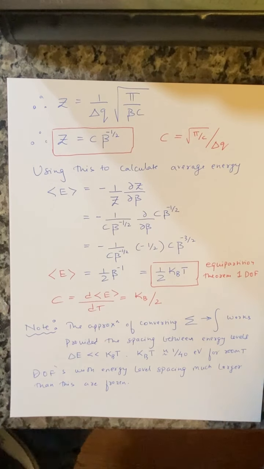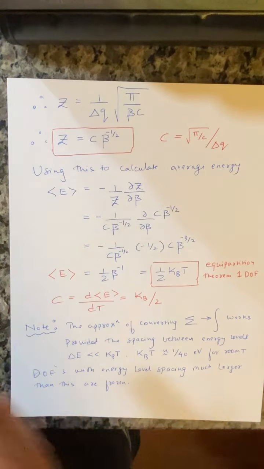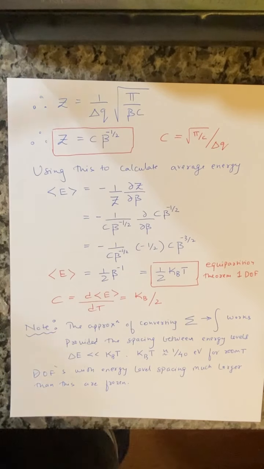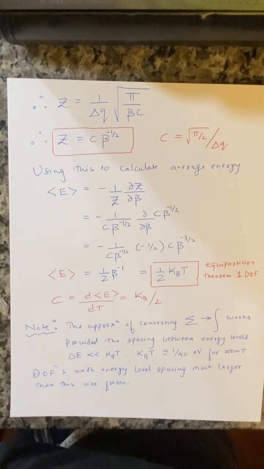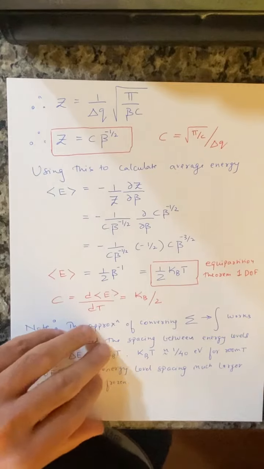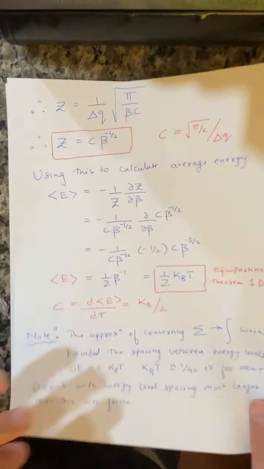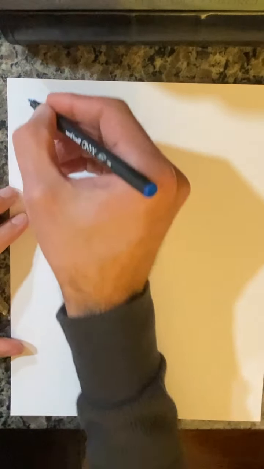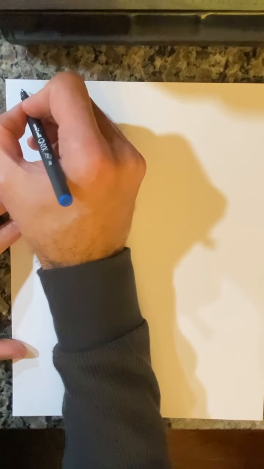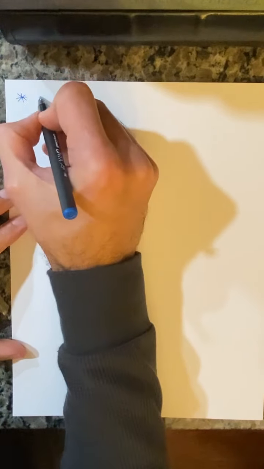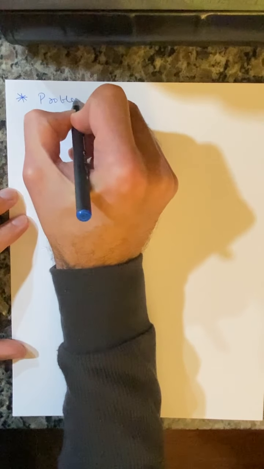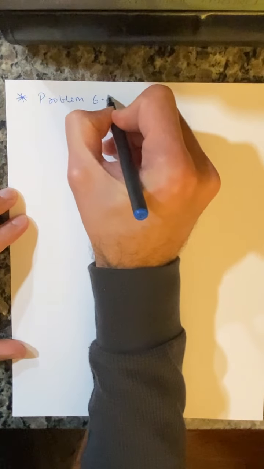Trying to do one problem based on this from the book, and then I'd like to go to Maxwell-Boltzmann distribution. So let's do that. Let me do one problem on this topic. The problem I'm looking at here is problem number 6.31 from the book.